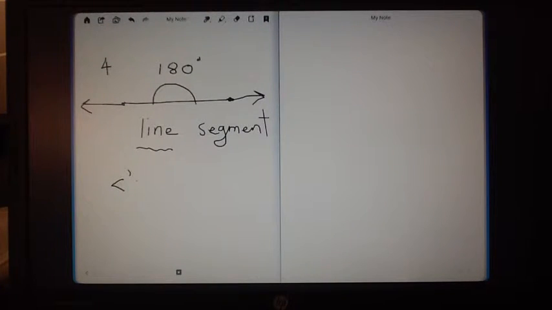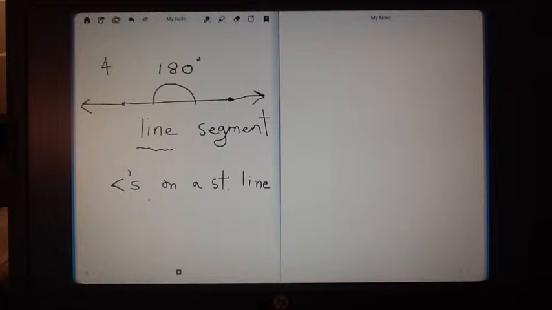So there's our abbreviation for angles on ST for straight line. Okay. So this angles on a straight line is the name of tool number 4, if you like.